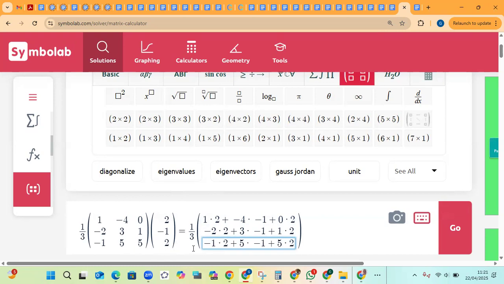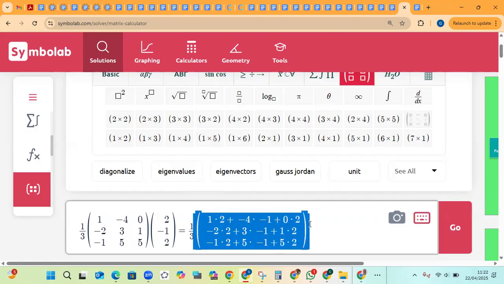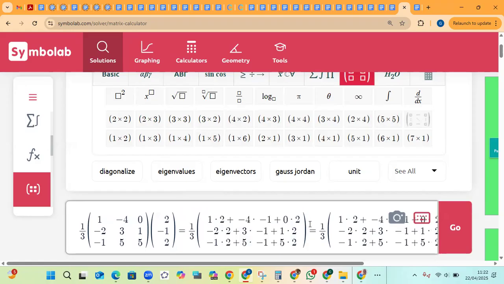Okay? So as you can see, there is a pattern with the numbers. Twos, minus 1, and then the minus 1 and the twos. So now to get our final answer, no, not our final answer yet because we have to multiply by a third.